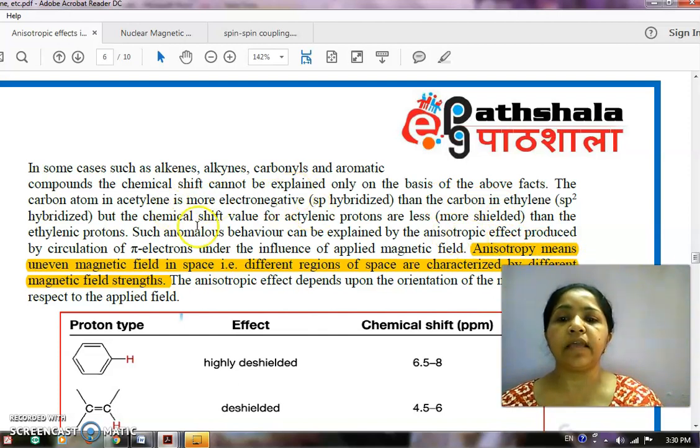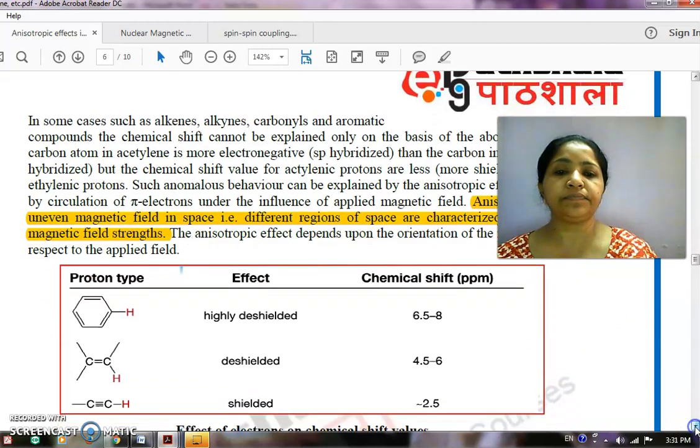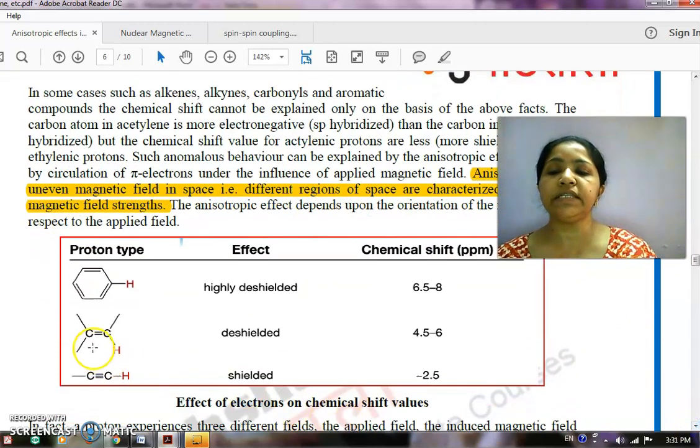But the chemical shift value for acetylene protons is less, that is, they are less de-shielded than the ethylene protons.